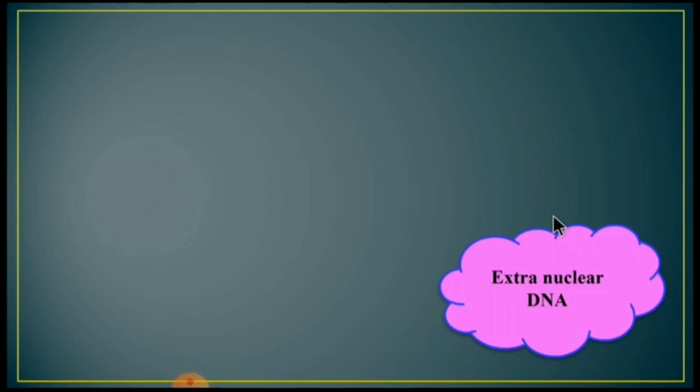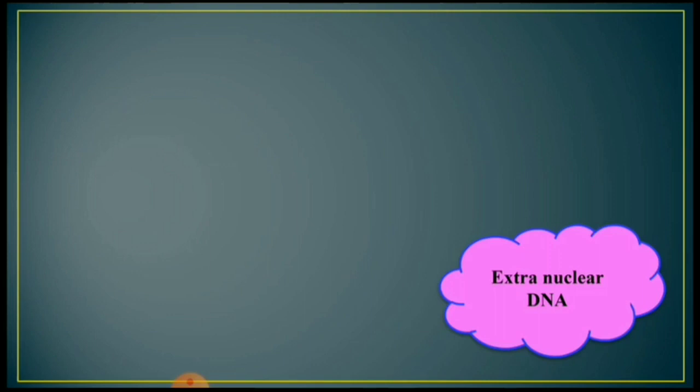You already know that in prokaryotic cells, DNA is circular and embedded within the cytoplasm, because in prokaryotes the nucleus is absent. Such DNA is called naked DNA.